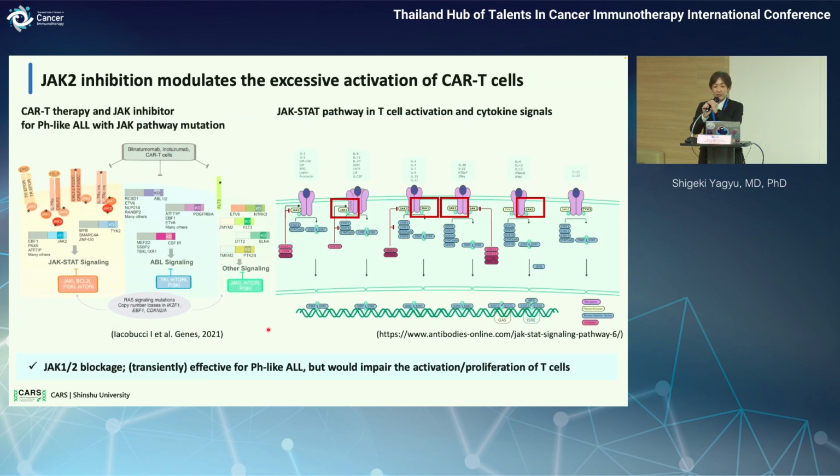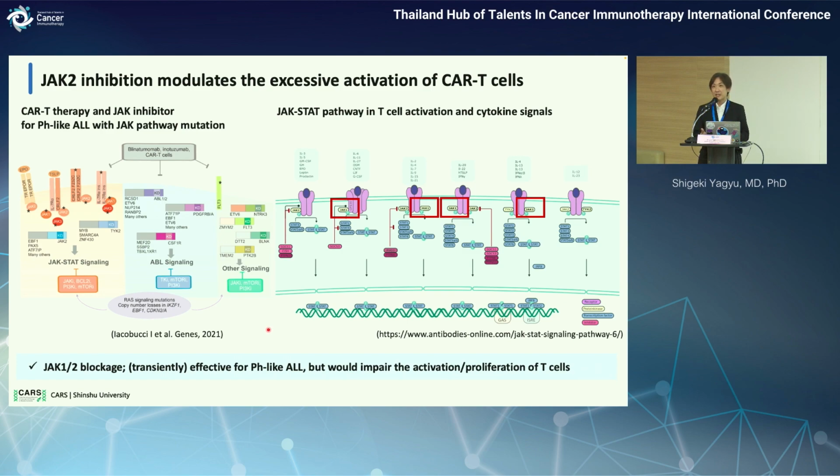We have also tried to improve the CAR T cell function by the inhibition of JAK2 pathway. Initially, we wanted to treat the PH-like ALL, that is a pediatric type of ALL having a worse prognosis and basically chemo-resistant, but can be treated by CD19-based therapy.